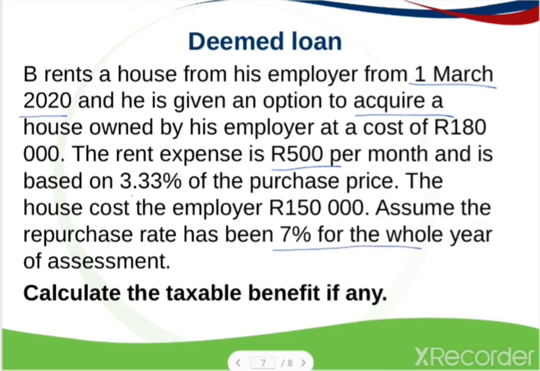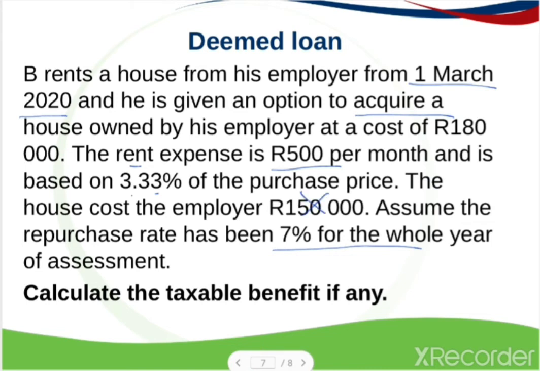Okay, so based on the given information here, you can see that this scenario meets the criteria of a deemed low interest loan. He's living in a house owned by an employer. He's got an option to acquire that house in future at a future agreed price, and his rent is based on a percentage of that purchase price. So that would trigger the deemed low interest loan fringe benefit.